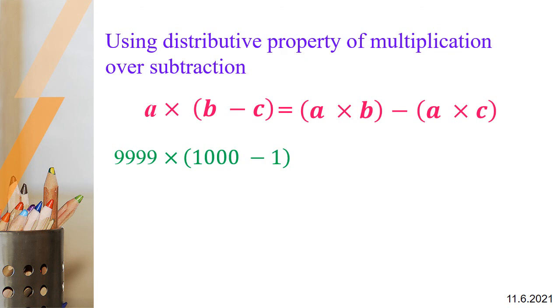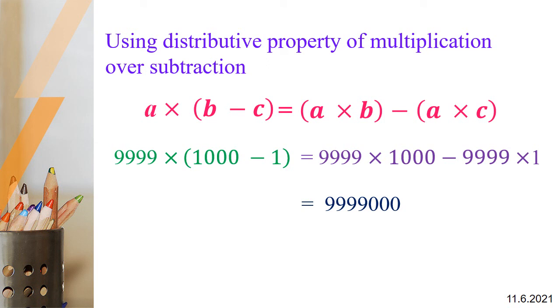So first here we have to multiply 9999 and 1000 and then multiply 9999 and 1 and then subtract the values. So let's write 9999 into 1000 minus 9999 into 1.